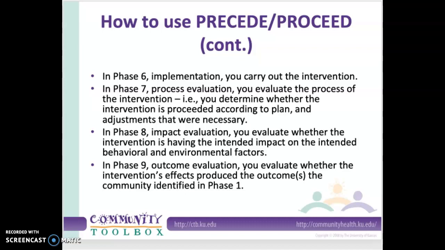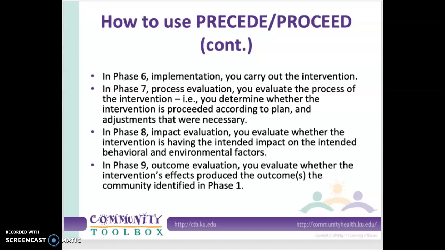So then we get to the process, impact, and outcome evaluation. In phase 7, at the very beginning of the project, you'll have a plan. We're going to meet with our soccer players on this day or these 2 or 3 days. We're going to contact our subjects virtually in this way.